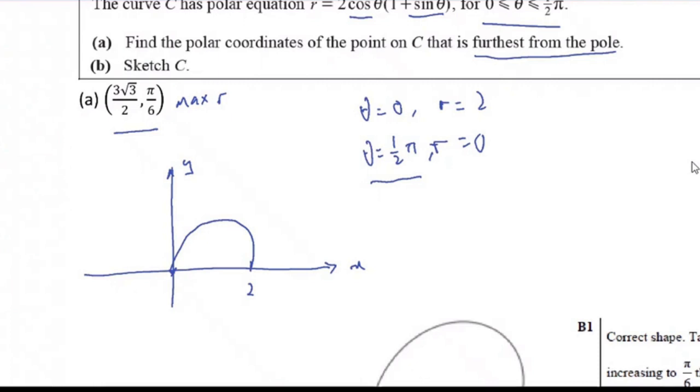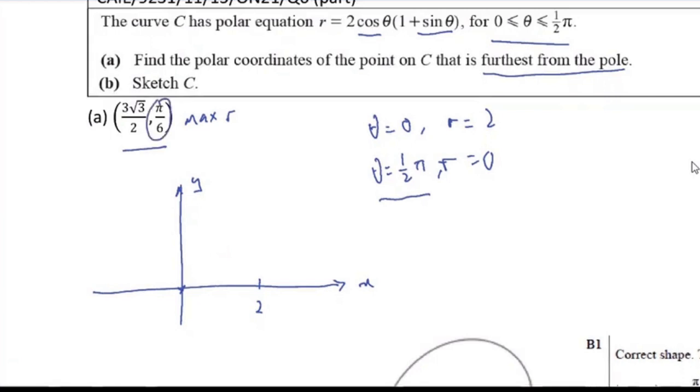Something like this. But there are some features that we need to show, including where the maximum r happens. It is happening around pi over 6, which is around here. We don't need to really show the line for theta equals pi over 6, but just make sure that we have a point which is furthest from the pole.